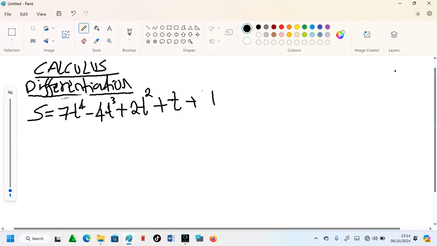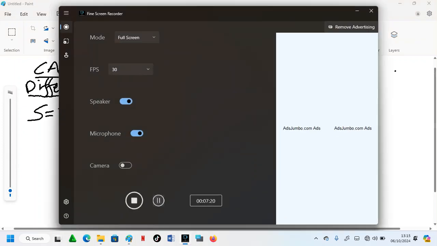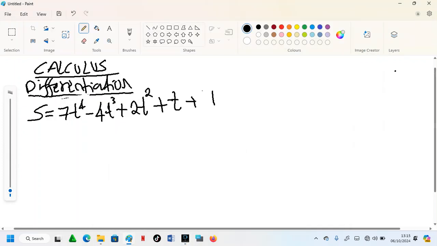So let us get the derivative of this. All right. So we are finding the derivative of 7t to the fourth minus 4t to the third plus 2t to the second, and then plus t plus 1. I've just formed that from the head so that you do practice to differentiate. You can feel free to pause the video and see if you can get that.